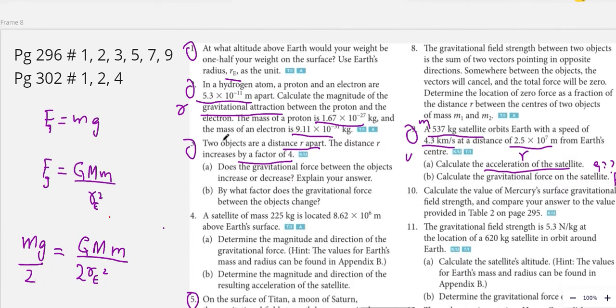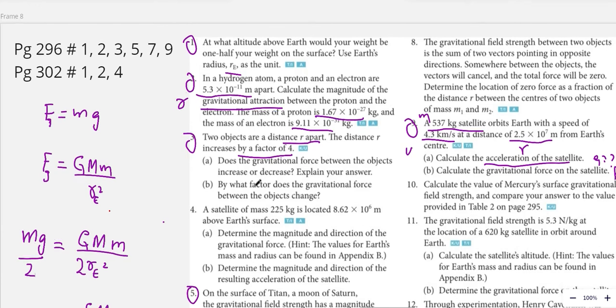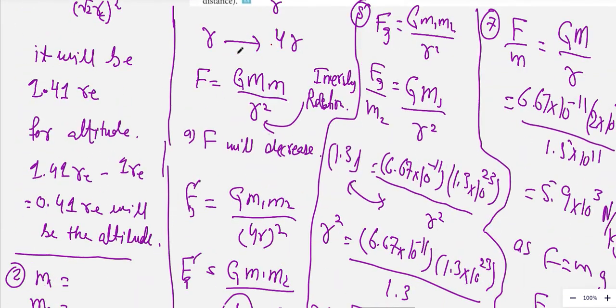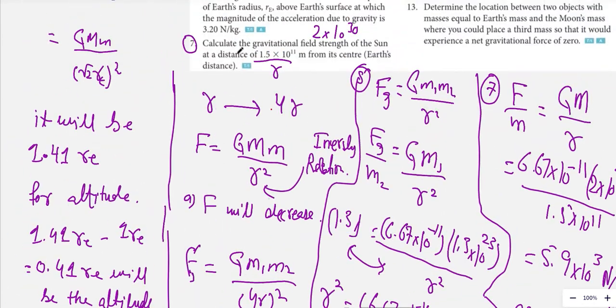And that's it. So now we will move on to the third one. Two objects are a distance apart, and then this distance is increased by a factor of 4. Okay, so in this question, in the third one, it is stated over here.